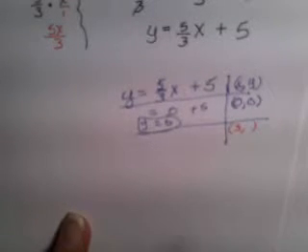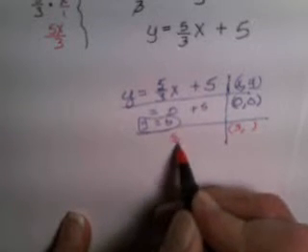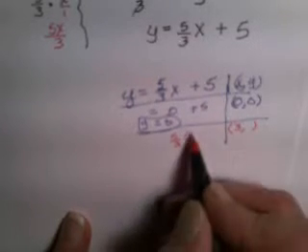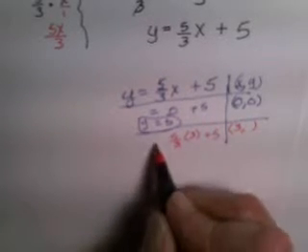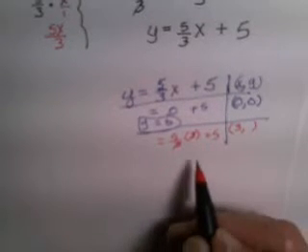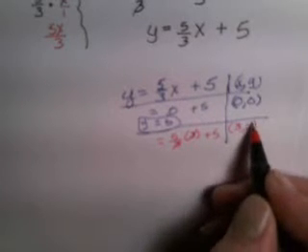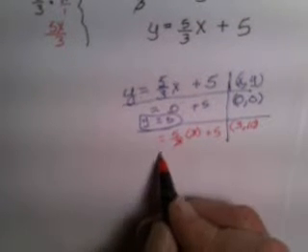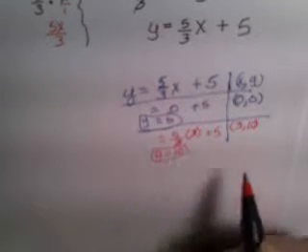Then we say 5/3 times 3 plus 5. The 3's will cancel, and we will have 5 plus 5, which is 10. So there we have y equals 10.